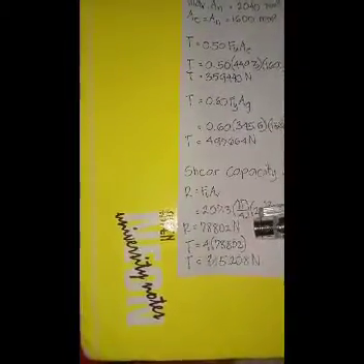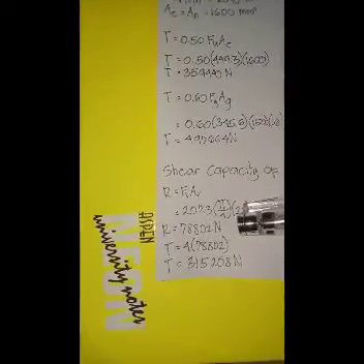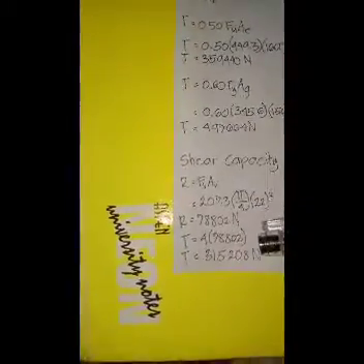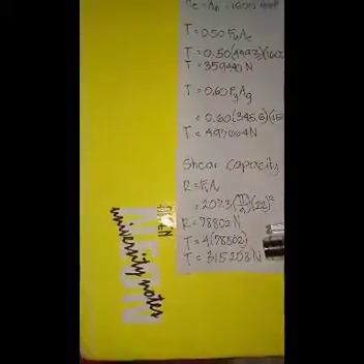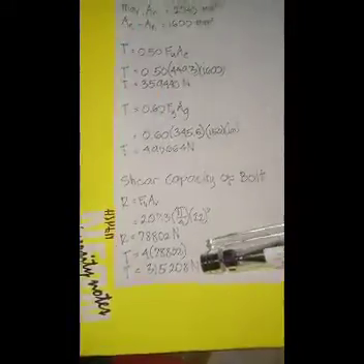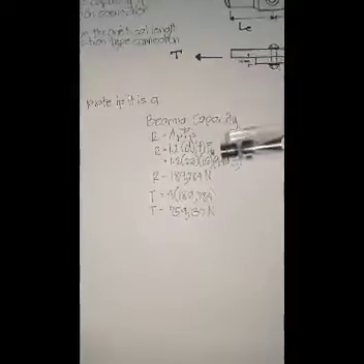Then our R is equal to 78,802 Newton. Then to get the tensile capacity of all the bolts, we multiply by 4, which is 315,208 Newton. Then getting the bearing capacity.